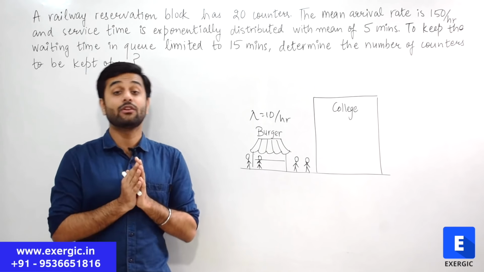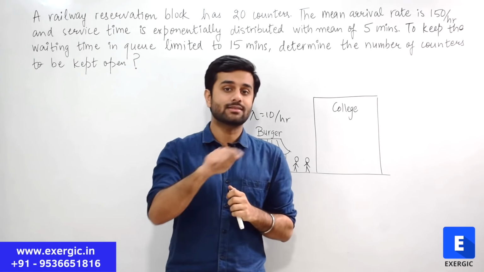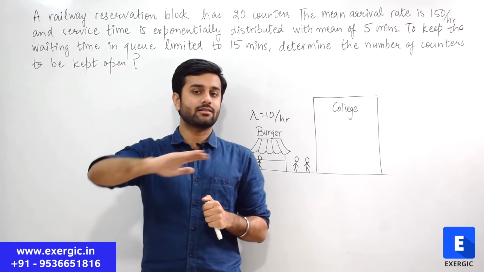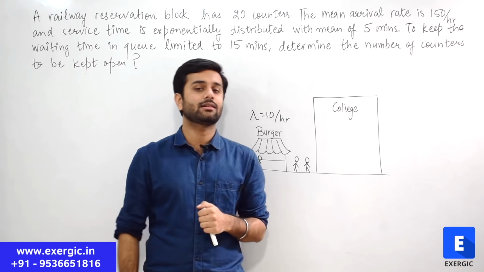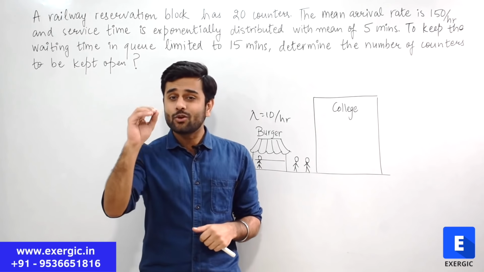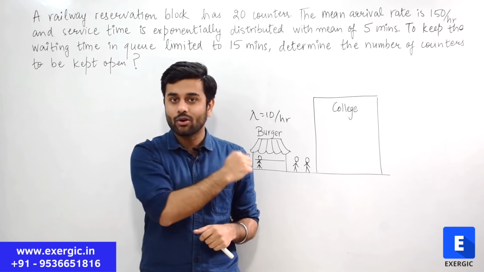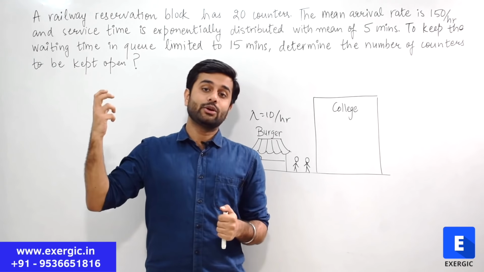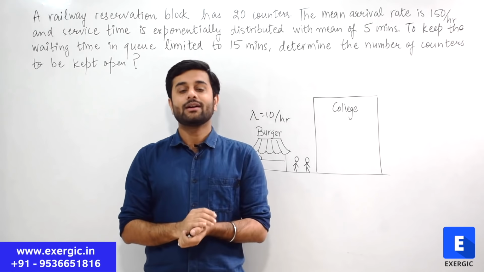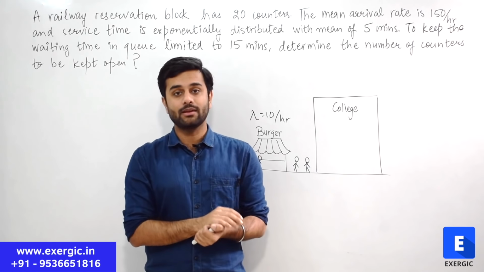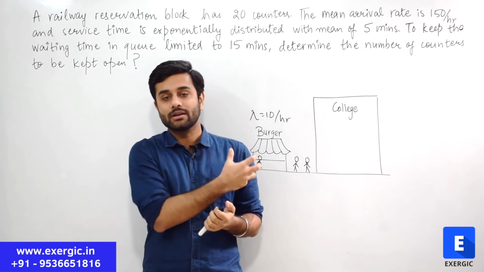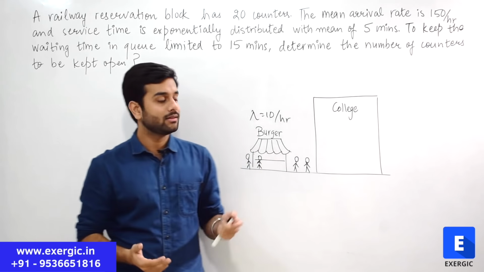There will be some hours in the day when the classes are going on, the faculty is very strict, there is no bunking, and everybody is sitting in the class. Then there will be 0 students at the burger stall. But obviously there will be a duration when the college is over, and in those times the number of students eating burgers may be much higher than 10.